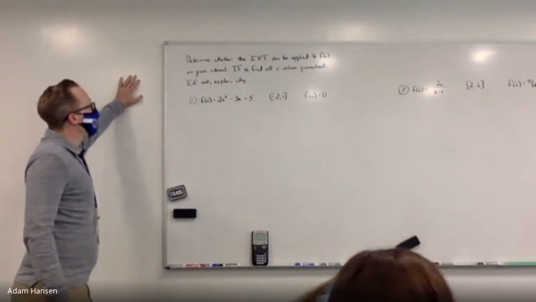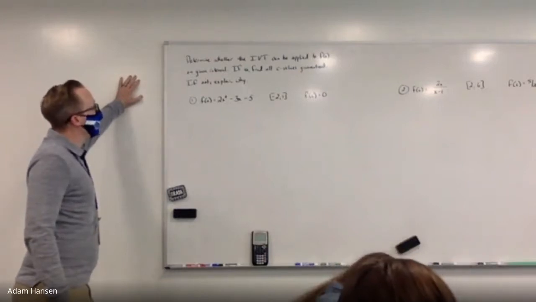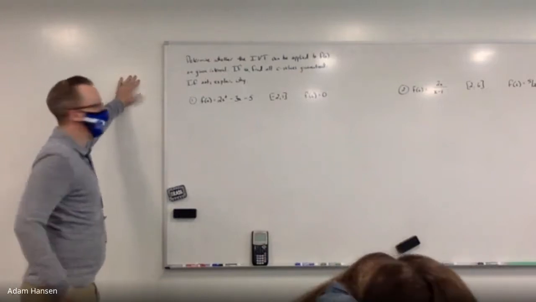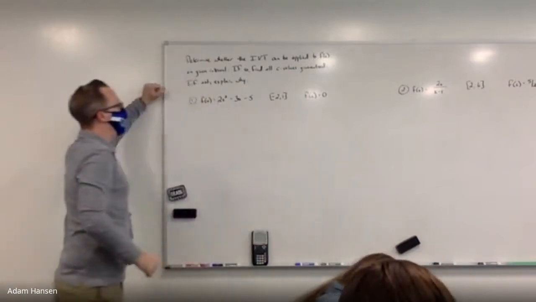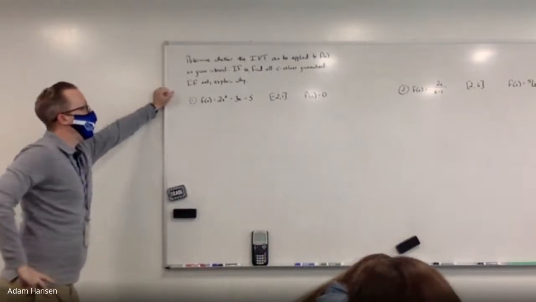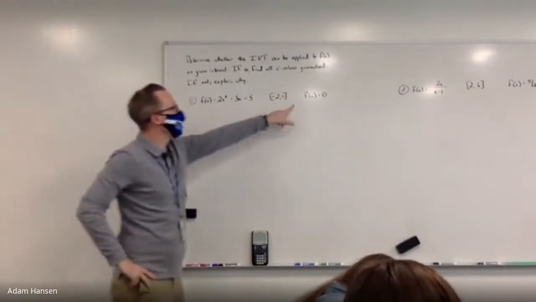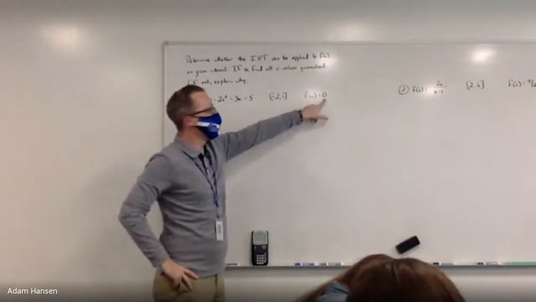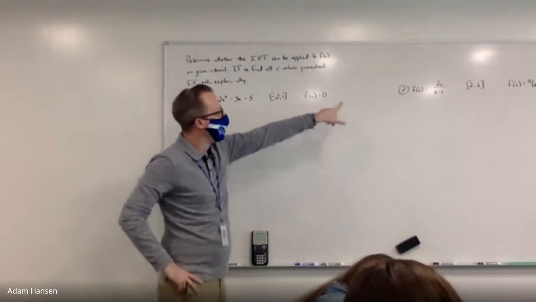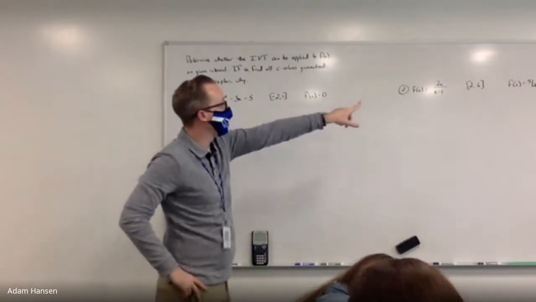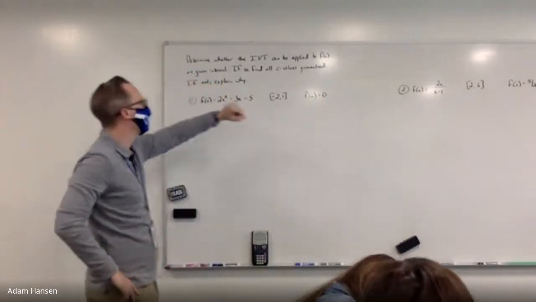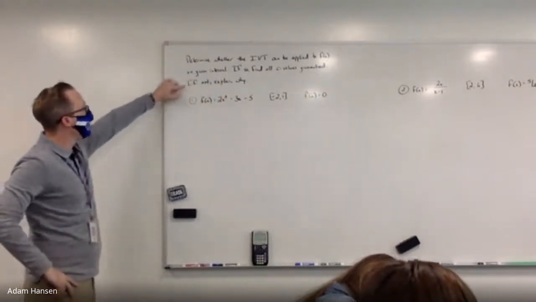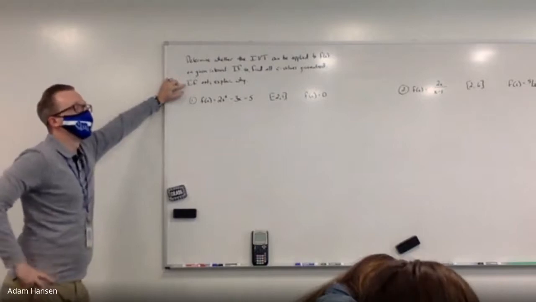Determine whether the intermediate value theorem can be applied to our function on the given interval. So I have a function, I have an interval. If the IVT can be applied, find all C values that take our function and map it onto some constant. Or in this case, it's going to be 0. For 2 and 3, I'm going to try to figure out where the function is equal to 5/2 or where it's equal to 1. If the IVT cannot be applied, explain why.